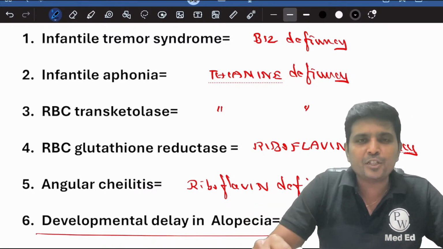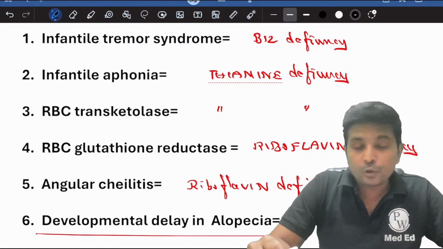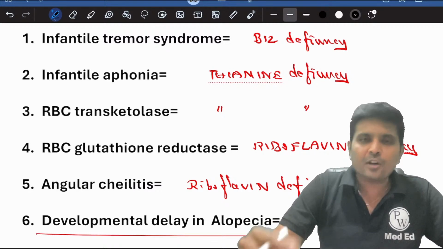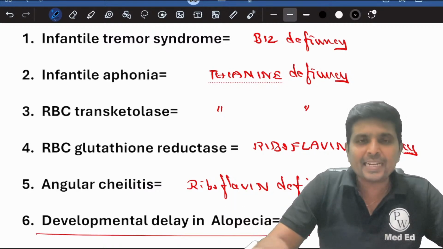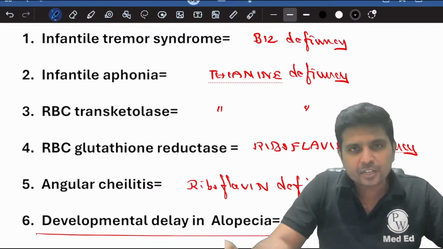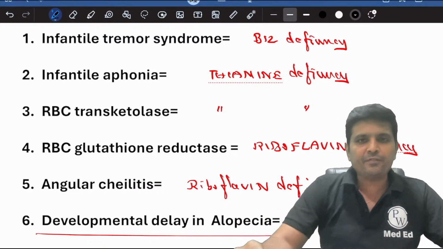So in B12 deficiency, you will get pancytopenia. All cases of pancytopenia should be investigated for B12 deficiency. And because of the hemolysis, you will get increased LDH. So any anemia with increased LDH, hypersegmented neutrophils, pancytopenia, you need to rule out B12 deficiency.